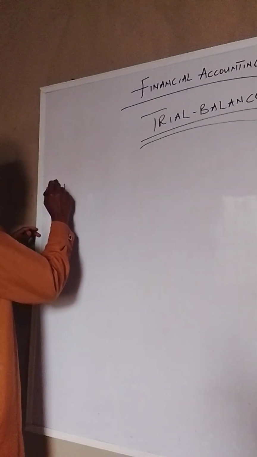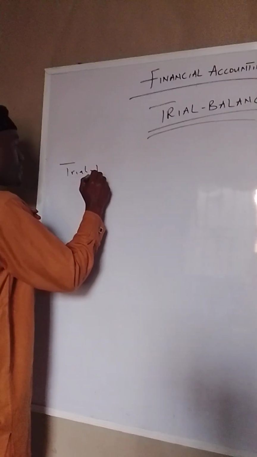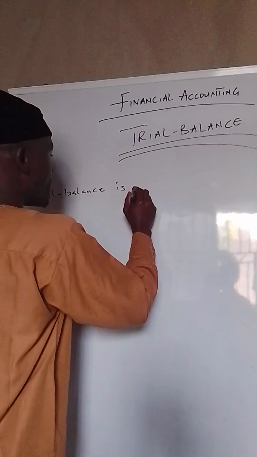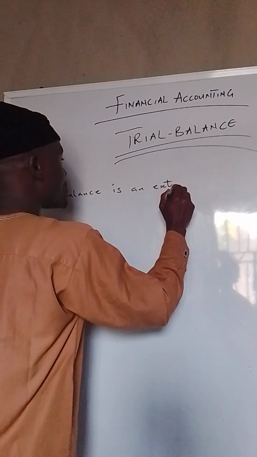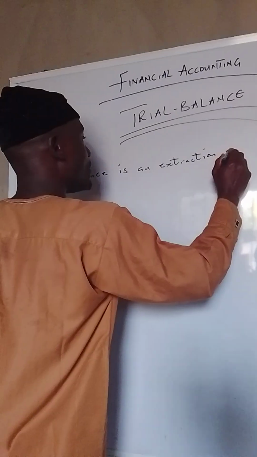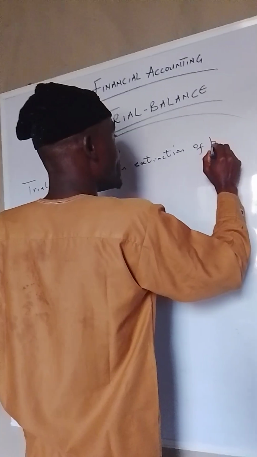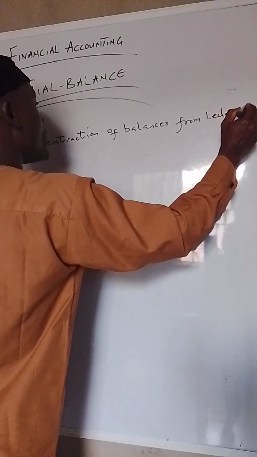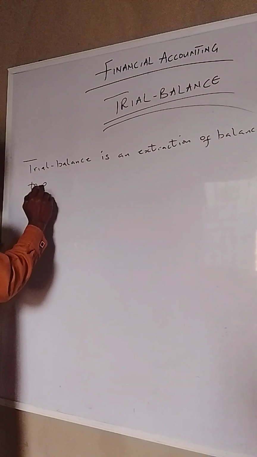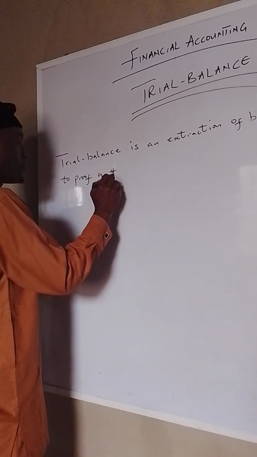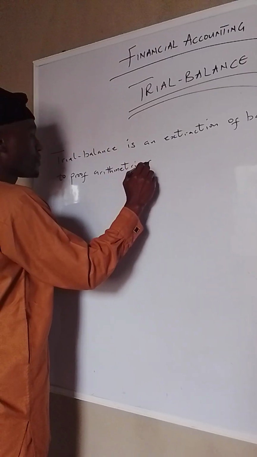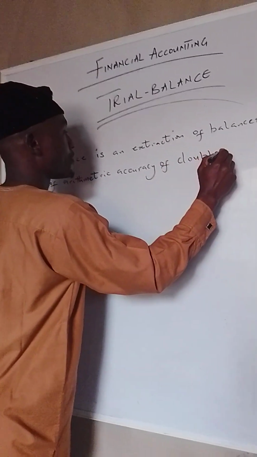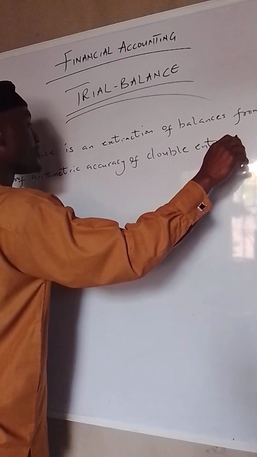When we are saying trial balance, we are saying trial balance is an extraction of balances from ledger to prove arithmetic accuracy of double entry. That's what we call trial balance.